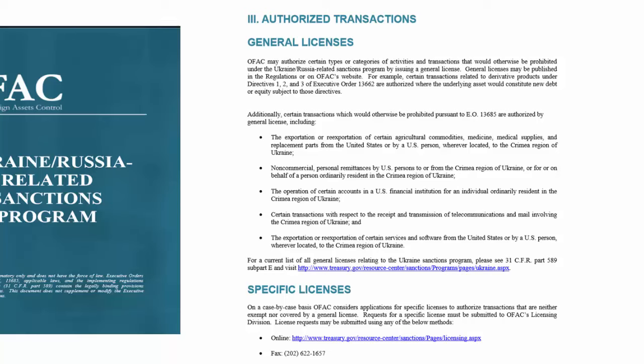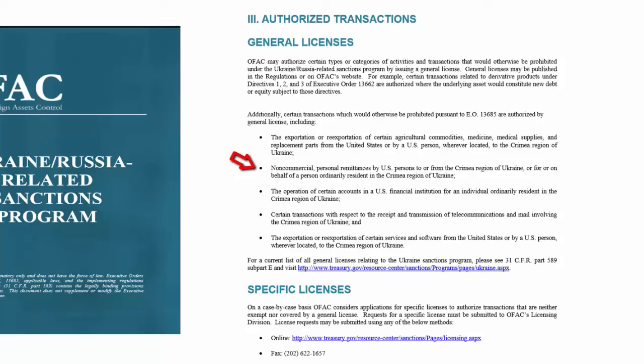General licenses may be published in the regulations or on OFAC's website. Moving down, additionally, certain transactions which would otherwise be prohibited pursuant to Executive Order 13685 are authorized by general license, including, so these are the scenarios under which a general license can be used, the exportation or re-exportation of certain agricultural commodities, medicine, medical supplies, and replacement parts.